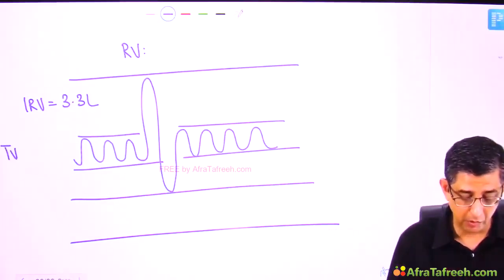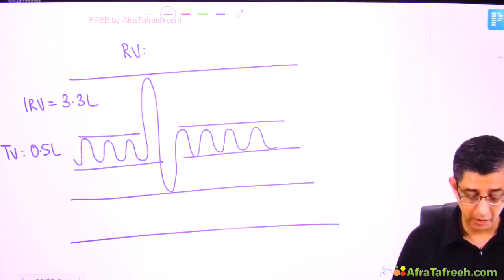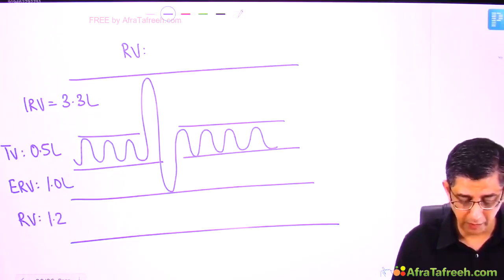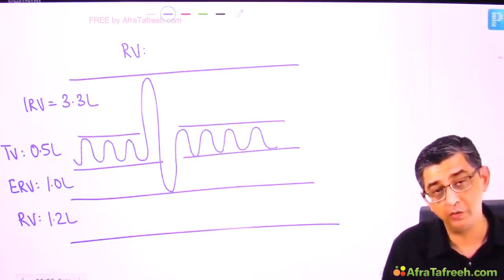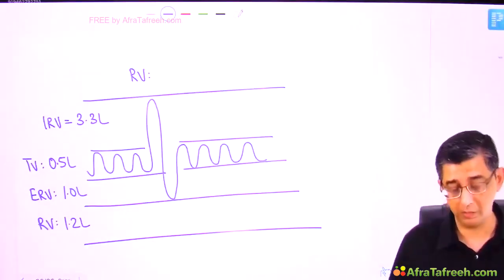The tidal volume is the normal air going in and out of the lungs, about half a liter, and you need to subtract 150 ml for the dead space. The expiratory reserve volume is about 1 liter. And residual volume, since our lungs never become empty, is about 1.2 liters.